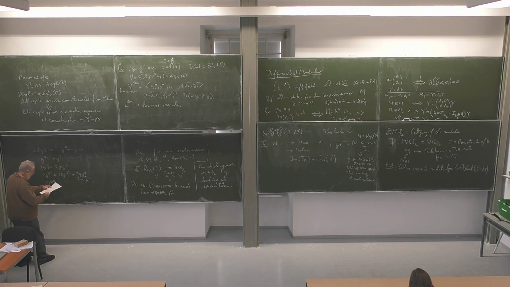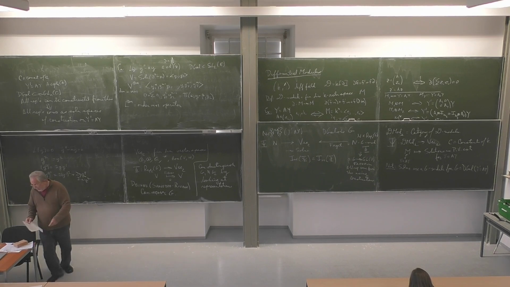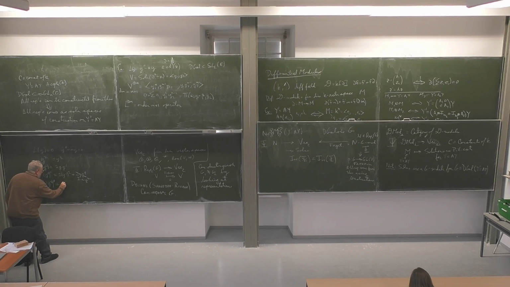And I think, let me see if I actually wrote it down correctly. No, I didn't. So I get something that involves y squared, y prime squared, and y prime y. But I'm going to use this. And this is the third derivative. So I have 4 expressions that are linear in 3 other expressions.